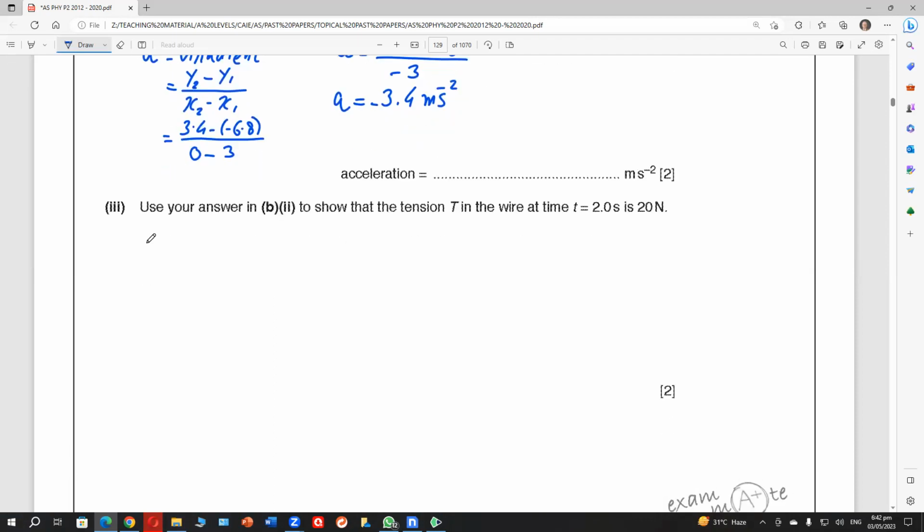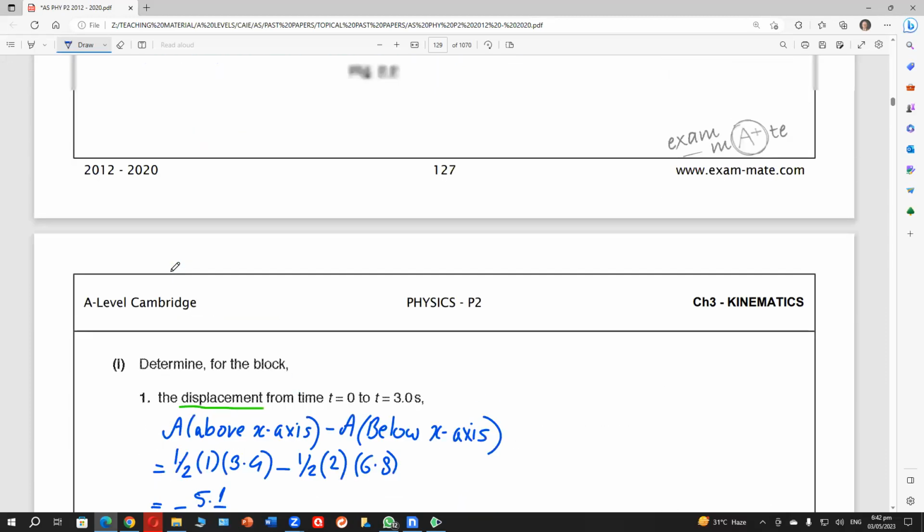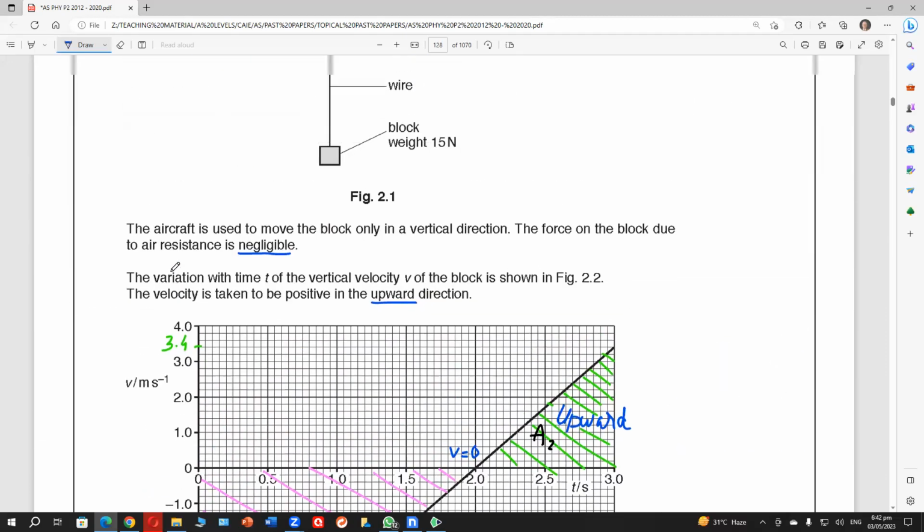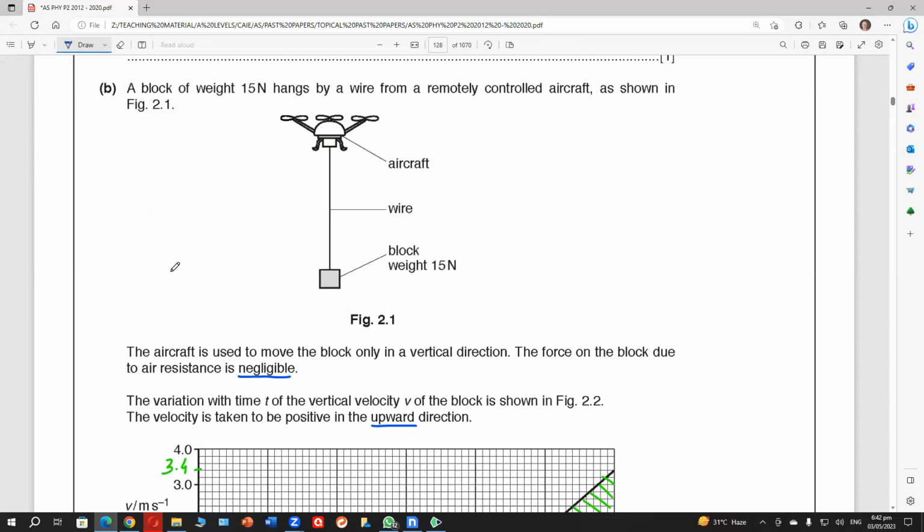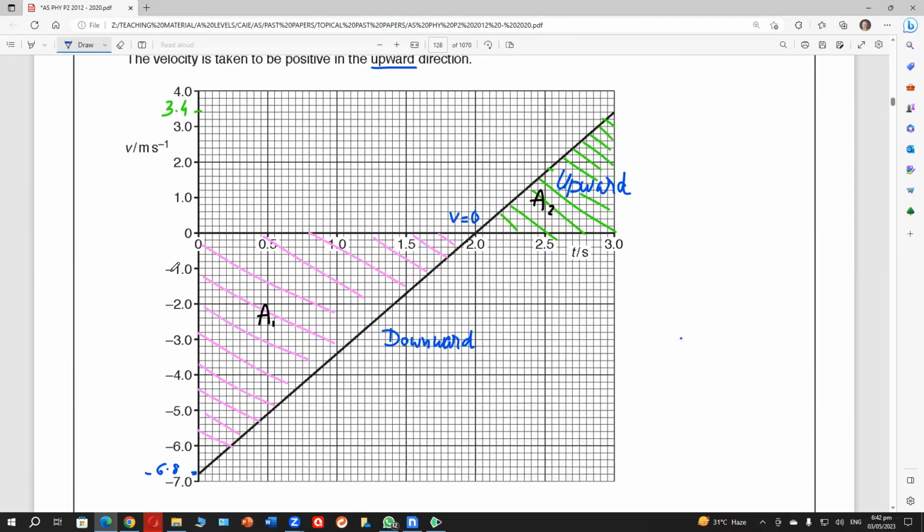Use your answer in B part 2 to show that the tension in the wire at t equal to 2 is 20 Newton. Now that's a tricky part, because for tension we need to model this question. Here you can see what the speed at 2 seconds is. 0.